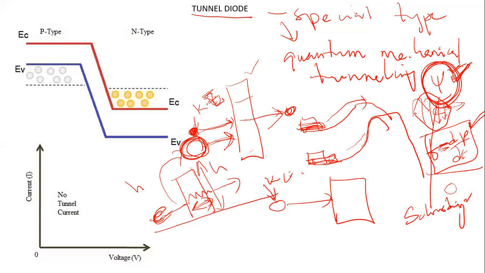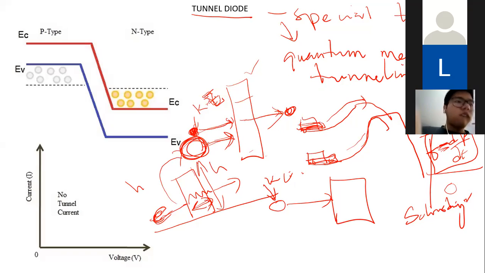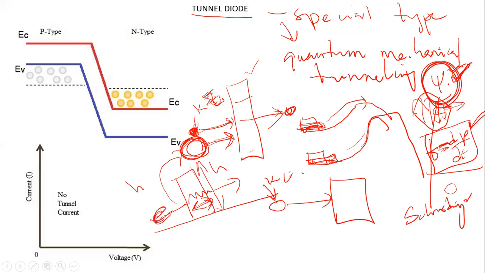But in a quantum system, even if the energy is less than the barrier height, once you express the equation of motion in terms of the wave function or the Schrodinger wave equation, and you solve this kind of problem in the 6th semester when you study quantum mechanics, you will find that quantum mechanical tunneling can occur, and the particle can pass through the barrier even without sufficient energy to overcome it. That is the same thing that will happen here.